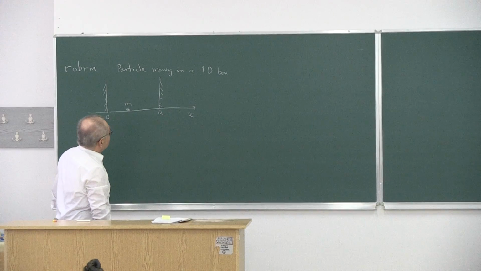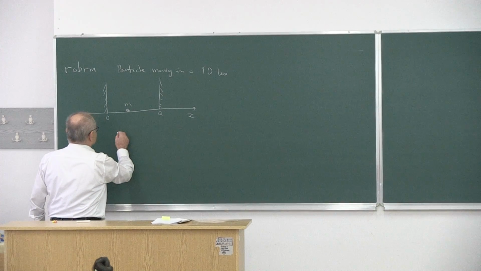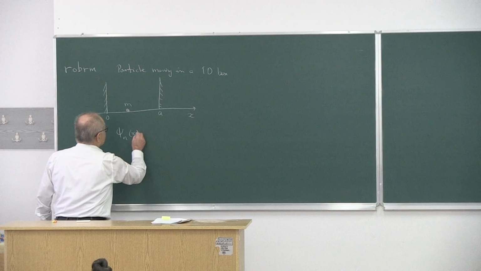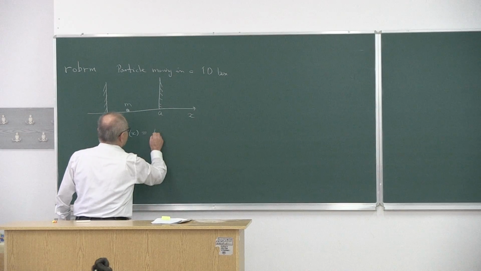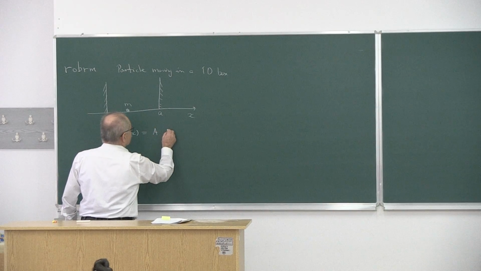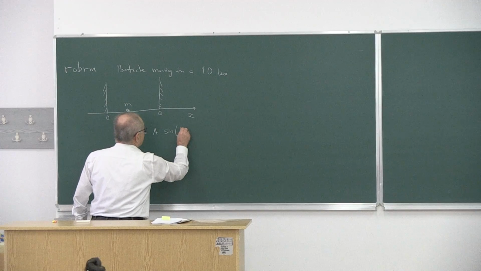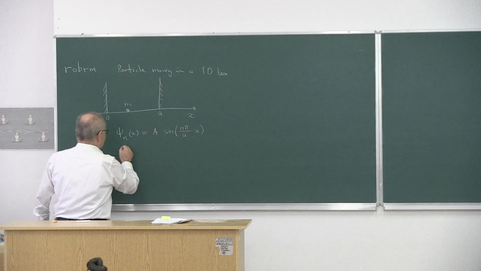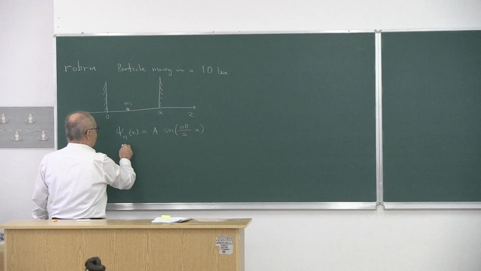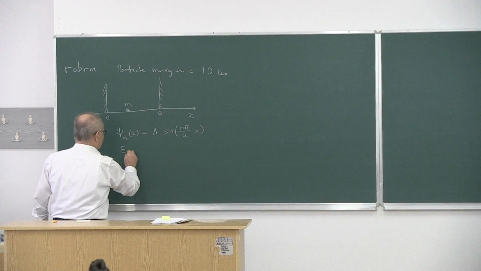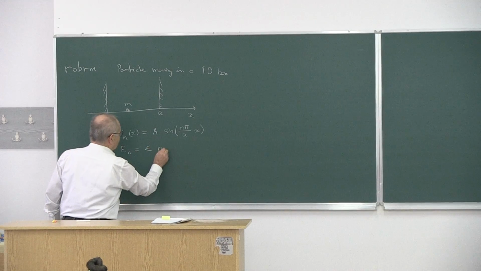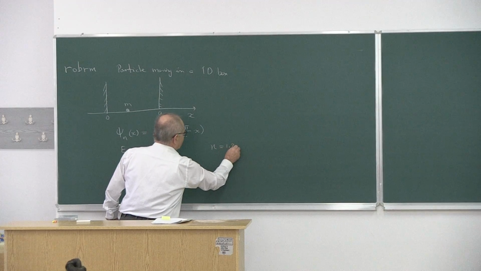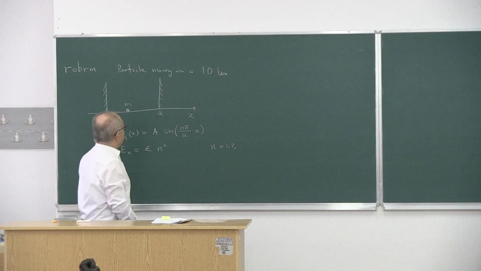Such a particle has state functions psi n, normalization constant times sine n pi over a times x, and the related energy levels are E n, where n is 1, 2, 3, and so on.